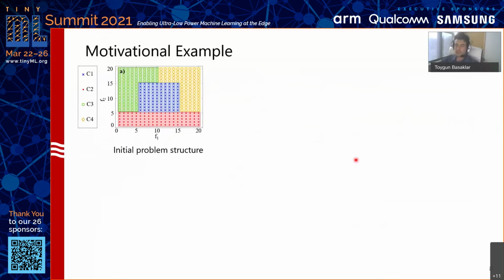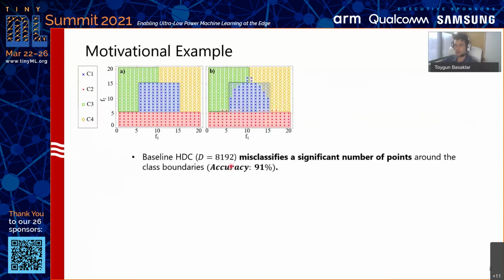So let's start with a motivational example to show the significance of the proposed approach. Here we have 4 classes represented by 2 features. It's a simple 2D problem. Baseline HDC, although we are using 8,000 dimensions, misclassifies a significant number of points around the class boundaries, as can be shown from here, and the accuracy here is 91%.